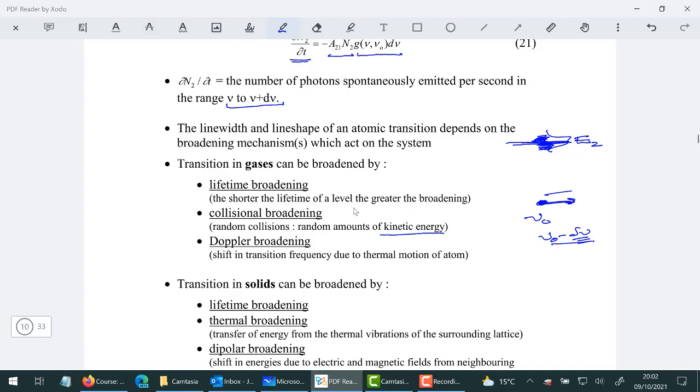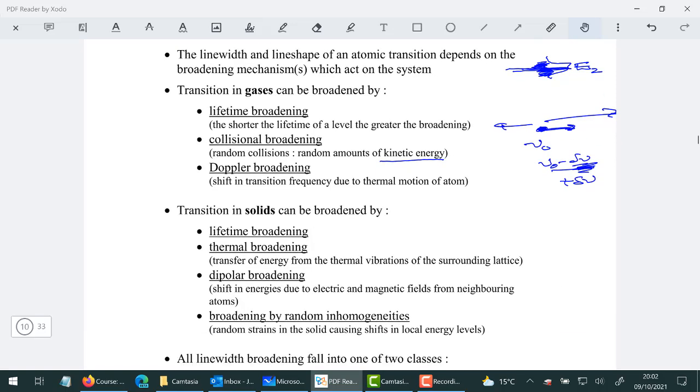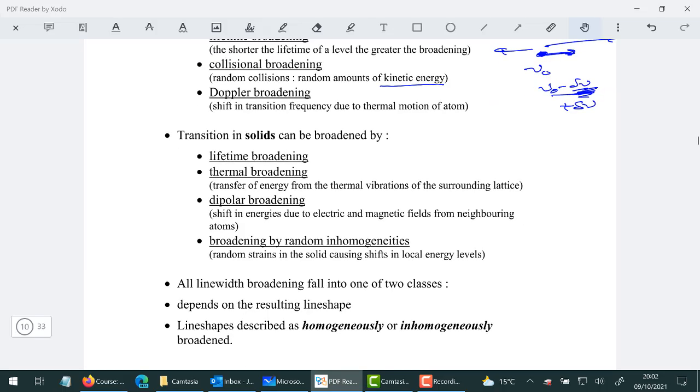Some will be moving much faster to give you a much bigger delta nu. Some will be moving towards you, which would give you a plus delta nu, and so forth. So we have a whole range of possible values because of the Brownian motion within the material, and the Doppler shift that it then exhibits.